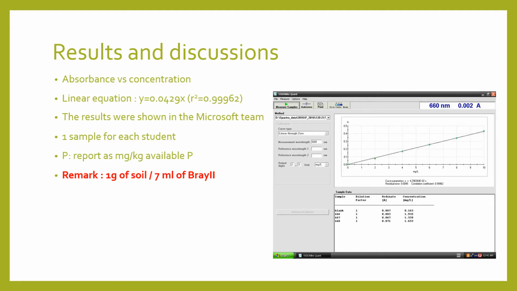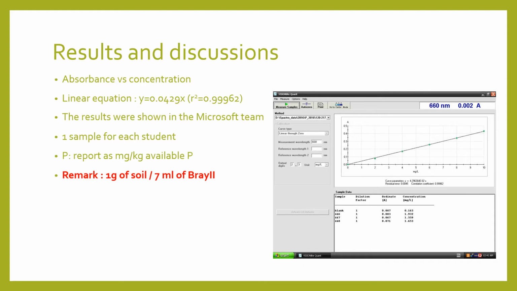Here is the standard curve and the linear equation, which is y equals 0.0429x, with a good correlation coefficient nearly 1. And I will give you your result in an Excel file, which is shared in Microsoft Teams, and I would like you to calculate the concentration of phosphorus in your soil sample and report it as the available phosphorus.